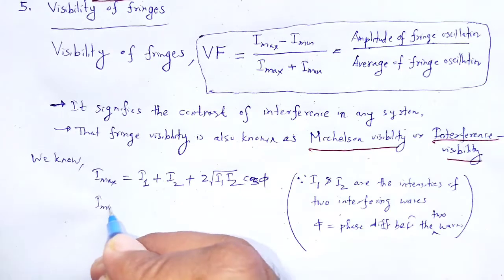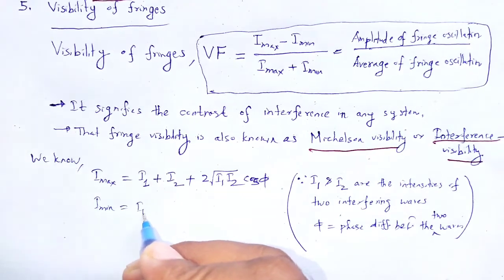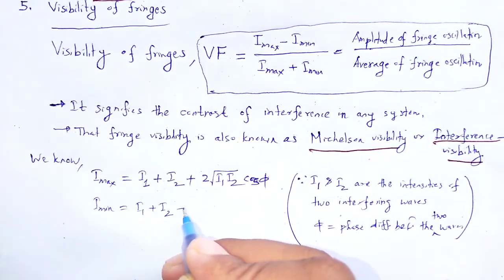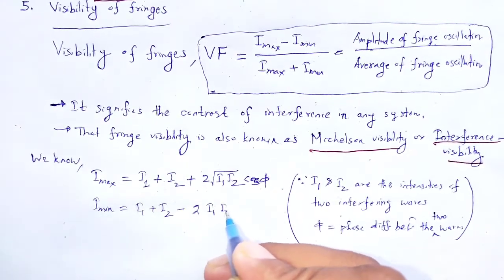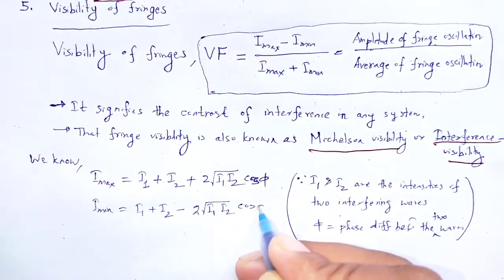I minimum is I1 plus I2 minus 2 root I1 I2 cos phi.